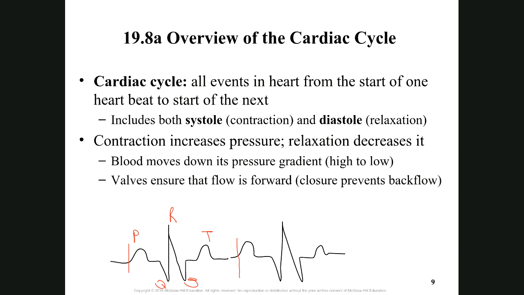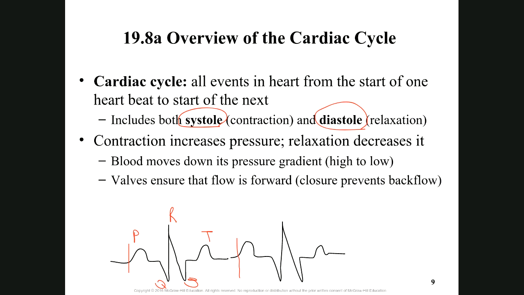And from now, instead of contraction, we use the term systole, and instead of relaxation, we use diastole. Contraction increases the pressure. When your heart goes into contraction, the pressure on the blood increases, and relaxation decreases the pressure. When your heart goes into relaxation mode, the pressure on the blood decreases.